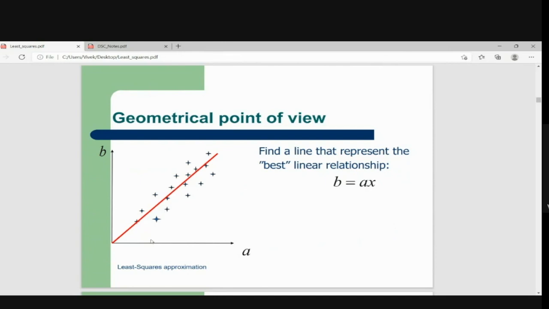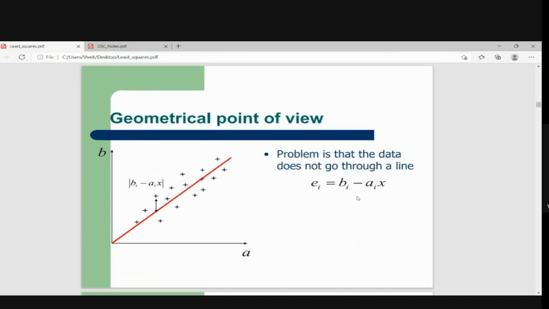So in this case, we take the x-axis and y-axis as the a and b axes. We just take a line b equals ax, and this line is passing through the origin. That's why we are just taking the line relation b equals ax.